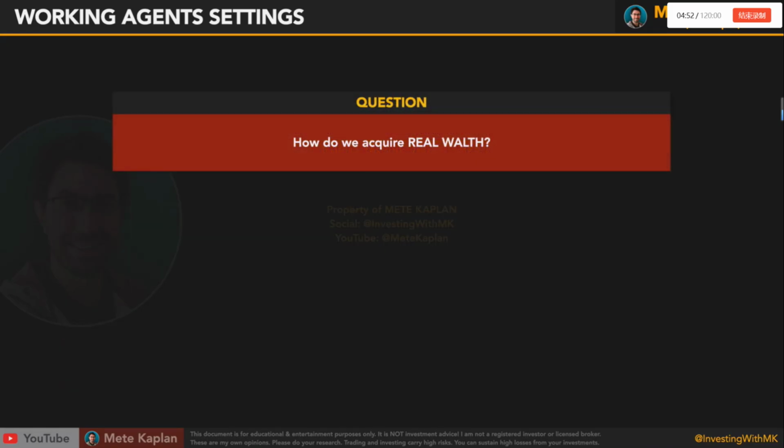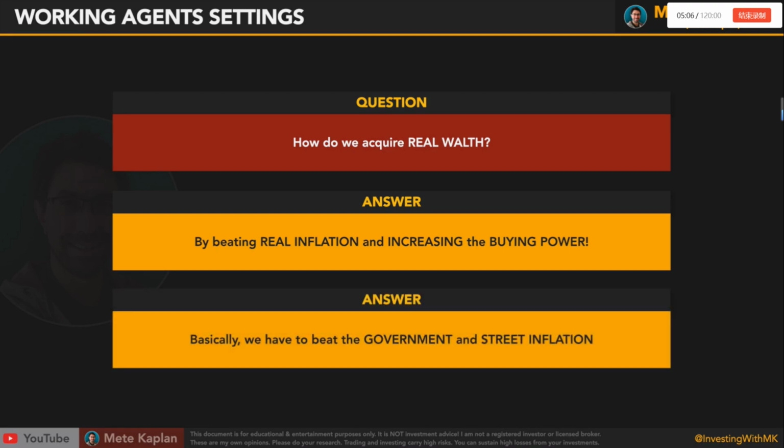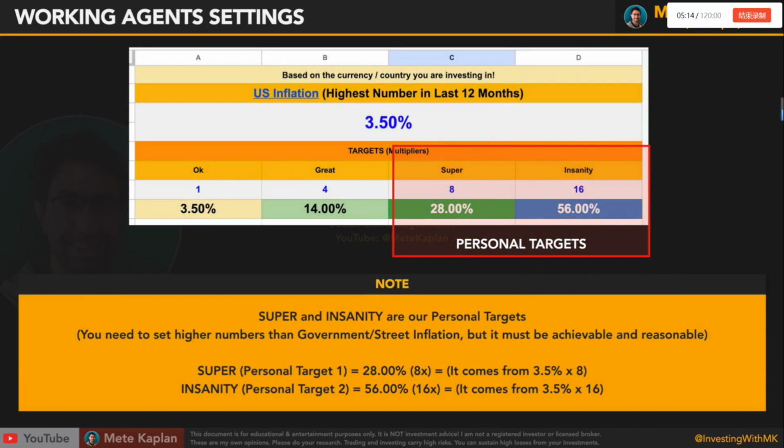Now, we settled the government and real street inflation. But again, how do we get really wealthy? The only way to get wealthier is beating the government and street inflation. There's no other choice. We must acquire more buying power than all types of inflation. This brings us to the personal target section. This should be your personal targets, entirely depends on you.